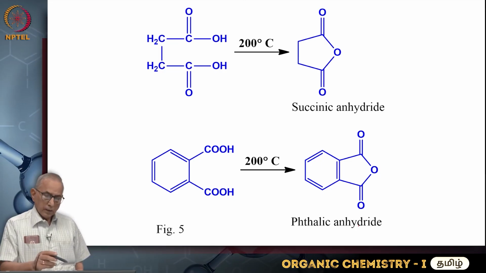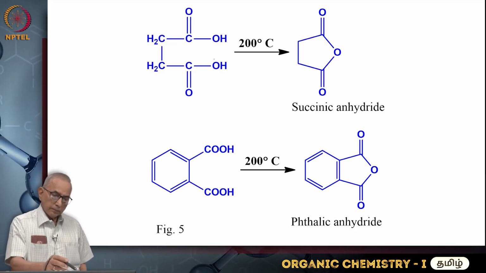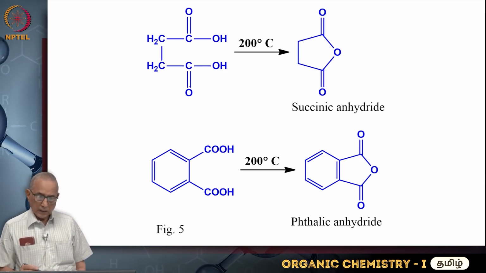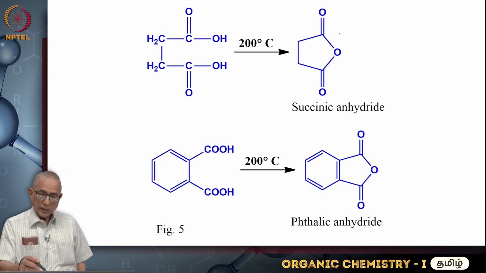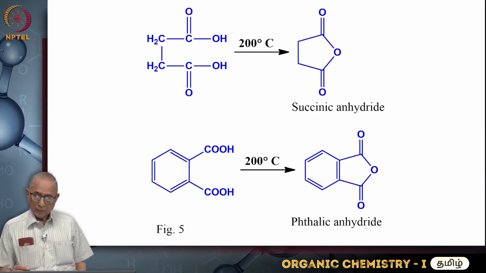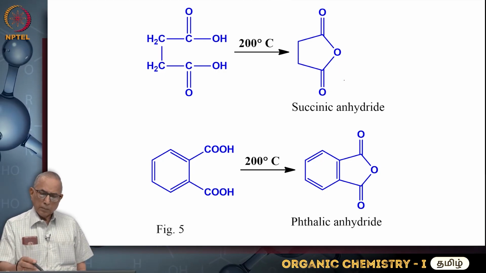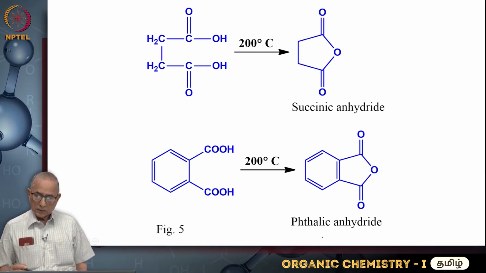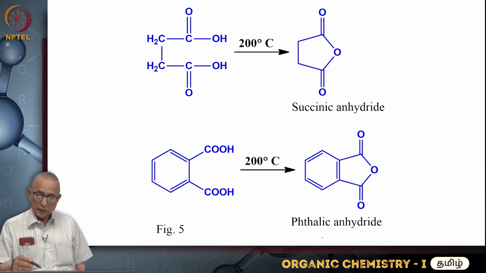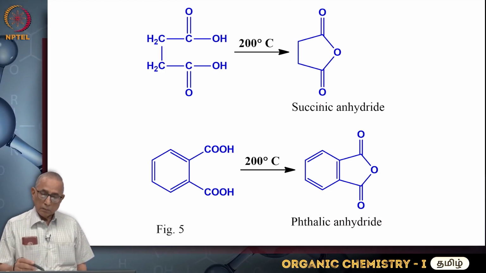When you have succinic acid, this is a 4-carbon dicarboxylic acid, you heat it to 200 degrees, you get succinic anhydride. These 5-membered ring compounds are important in organic synthesis. மற்ற compound எல்லாம் prepare பண்ணுறதுக்கு இந்த succinic anhydride will be useful.